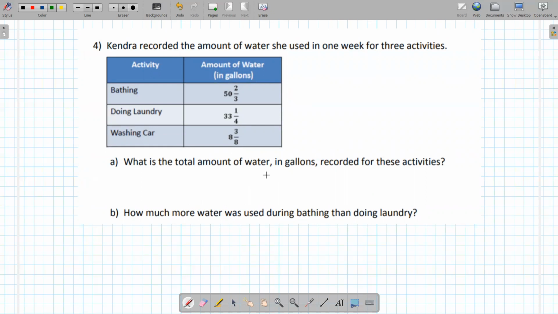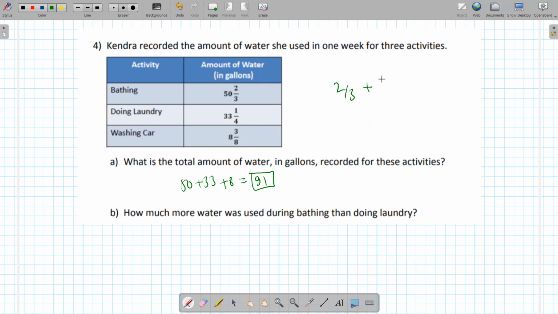Do you just add the whole numbers first and then the fractions? Yeah, exactly. So 50 plus 33 is 83, right? 83 plus 8 is 91. So we have 91 as the whole numbers, and then we're going to add the fractions.